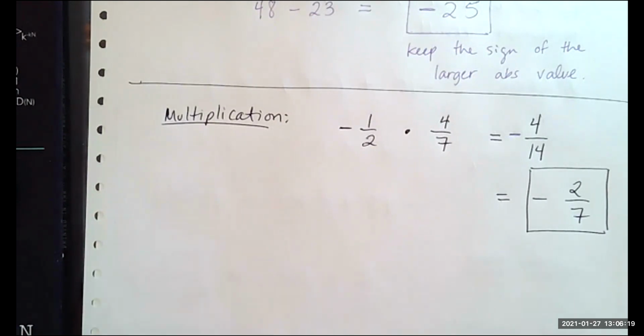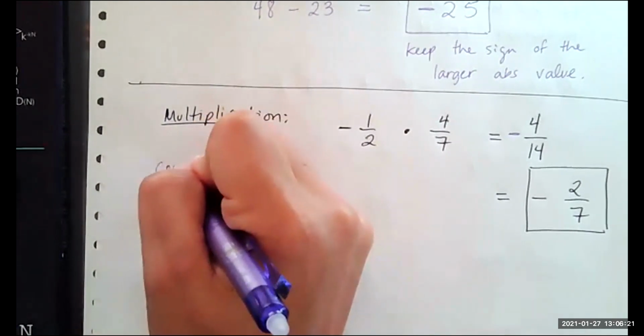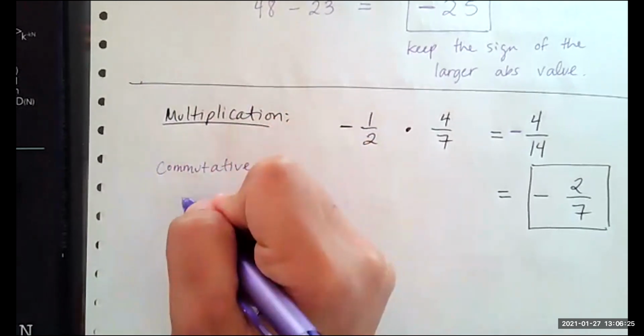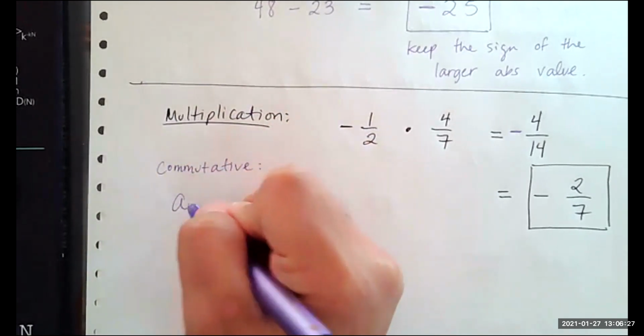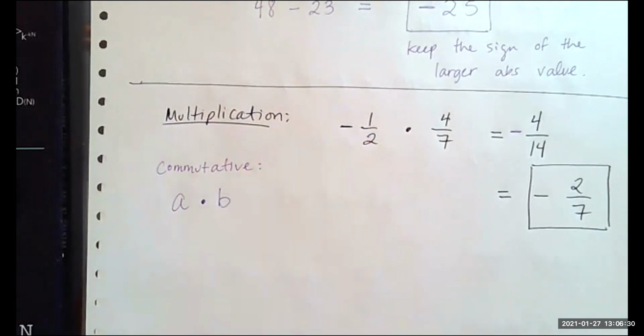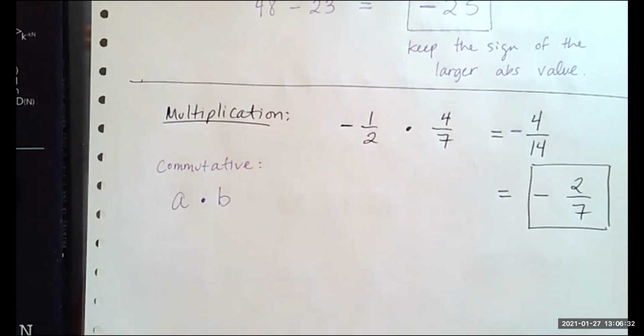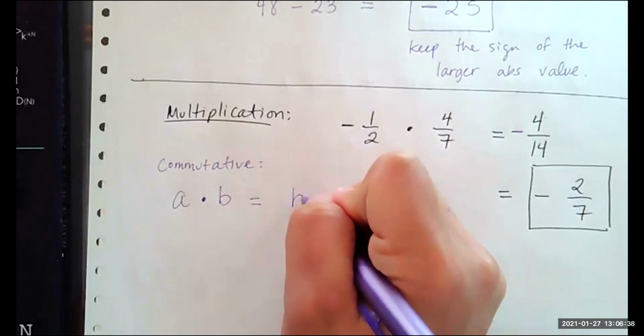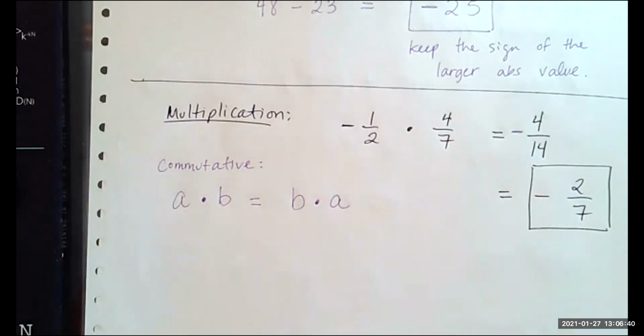The commutative property also works for multiplication. If I have some number a times b, it doesn't matter if these numbers are fractions or whole numbers, positive or negative. If I have any two numbers and I switch the order of the multiplication, I'll get the same result.